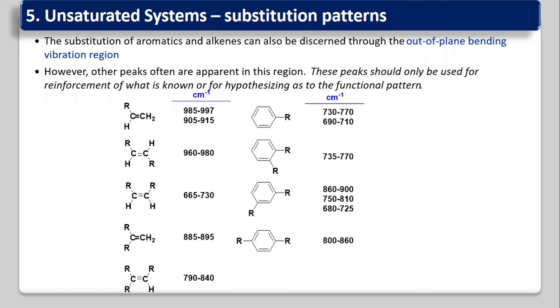If the peaks in these regions are there, you can use this area for the substitution pattern in aromatics as well as alkenes.